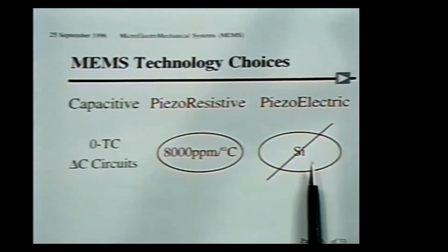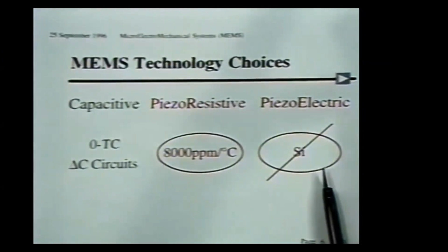The piezoelectric effect in silicon is very small, and so to use a piezoelectric sensor in silicon would have amounted to introducing what I'd term a foreign material, something like PZT or zinc selenide or some other material that was not really compatible with the silicon processing, and especially not, as I'll get into a little bit later, compatible with processing this material in a line in which many other integrated circuit devices were being manufactured.